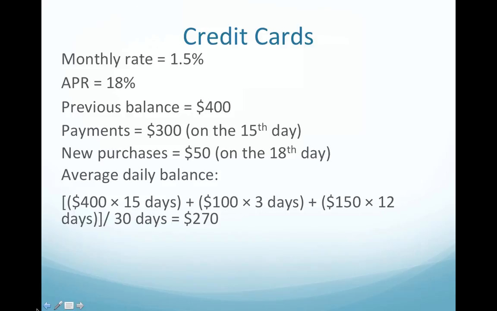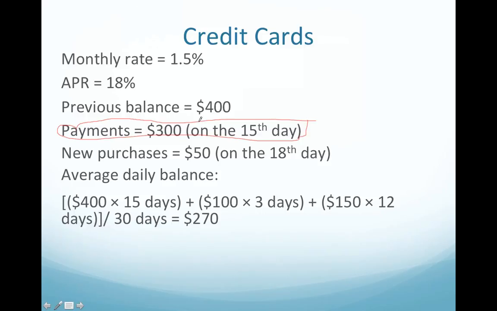That first balance was held 15 days. The previous balance was $400. Then on day 15, and we can see it right above, they made a payment of $300 on the 15th. So that means that $400 was held for 15 days.